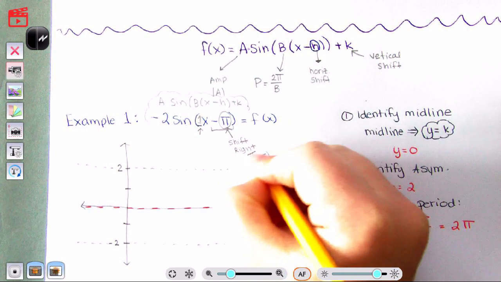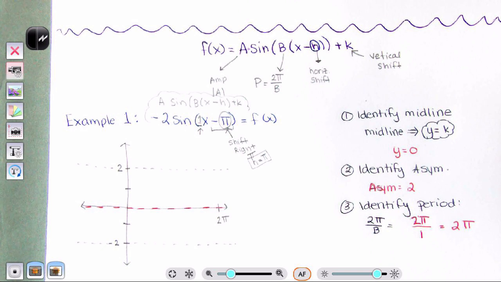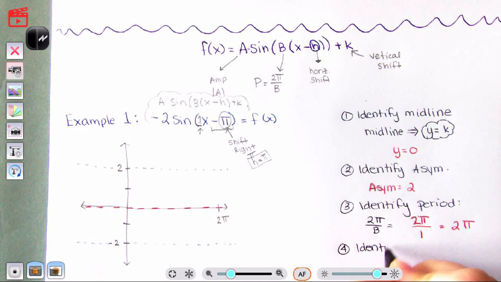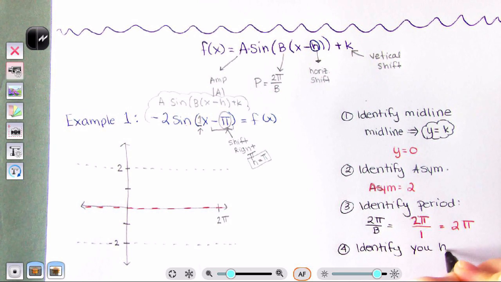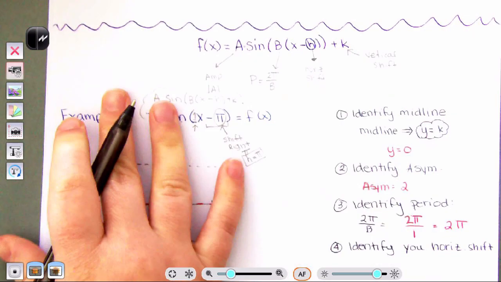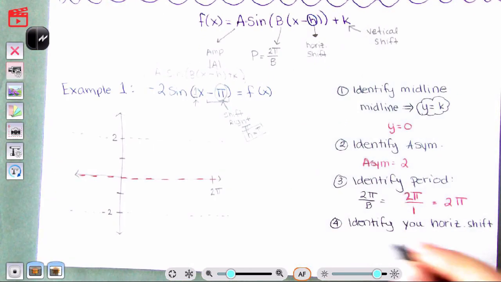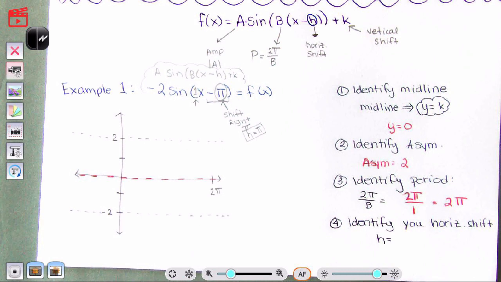So what is your h value? It is pi. So once you've identified your period, step number 4 is identify your horizontal shift. And your horizontal shift is your h value.